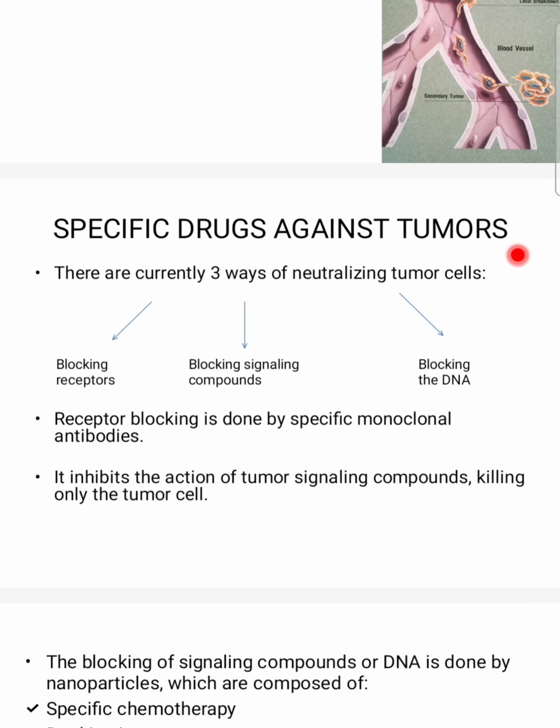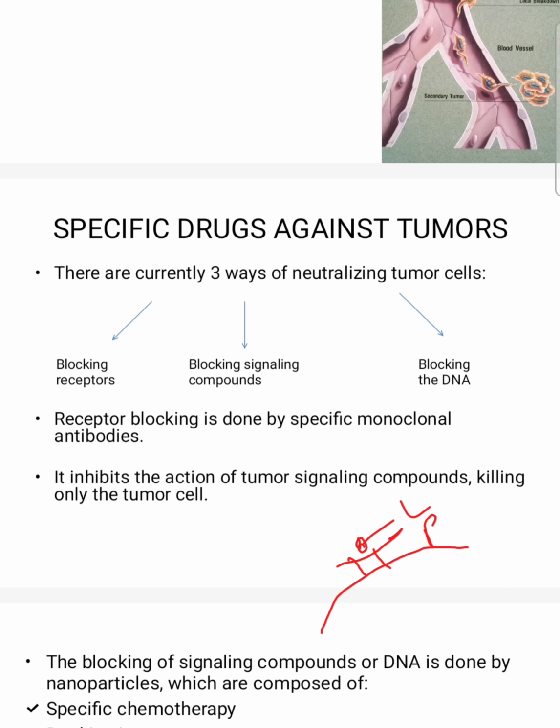There are three ways through which we can neutralize tumor cells: blocking receptors, blocking signaling compounds, and blocking the DNA. Before moving further, let's see how cell signaling in normal cells works. Let's assume that this is the cell surface, and these are the receptors on the cell surface. Receptors are specific for the ligand.